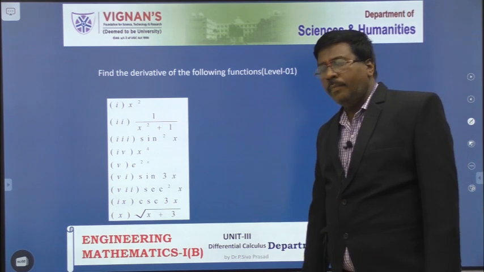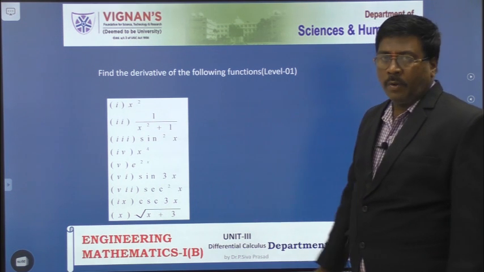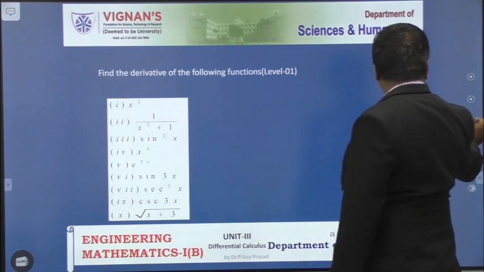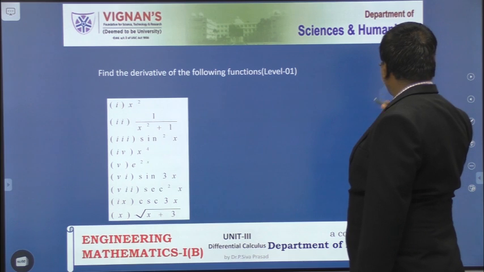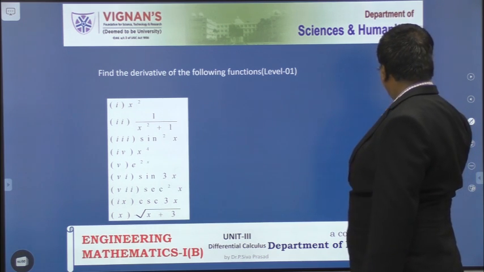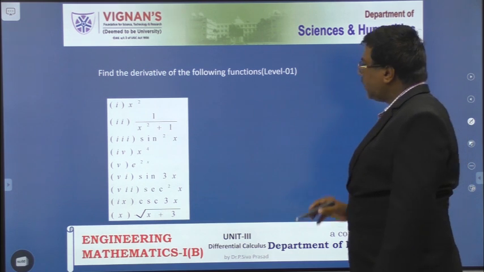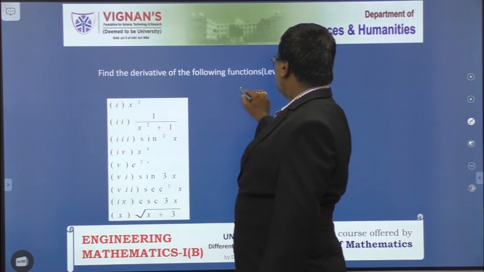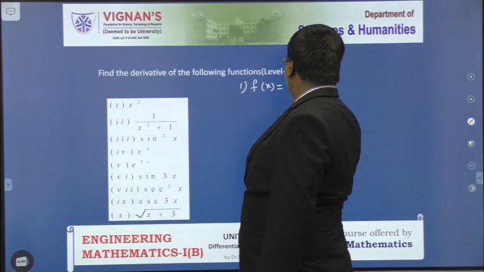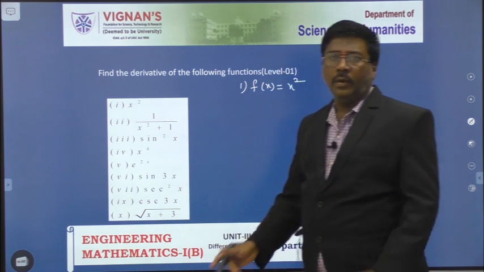Now, coming to the first problems. Find the derivative of these functions. The first one is f of x is equal to x square.